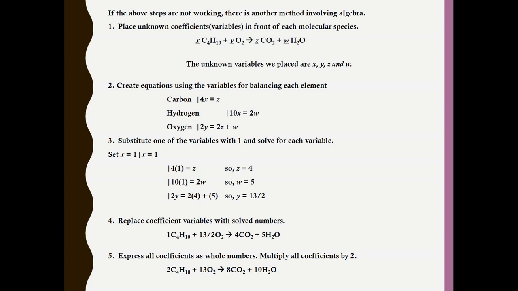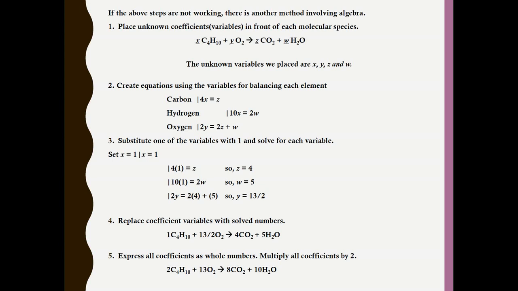So I'm going to multiply the coefficient with the subscript, and that's how I get my 4x equals Z. On the right side, you would be able to see that carbon has a Z in front of it, on the right side of the arrow. In the carbon dioxide, you see that there is CO2, but in front of the CO2 there is a Z, and the subscript for C in here is 1 because there is nothing. So 1 times Z is Z.